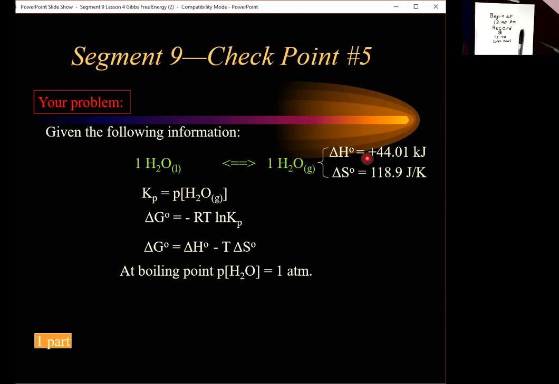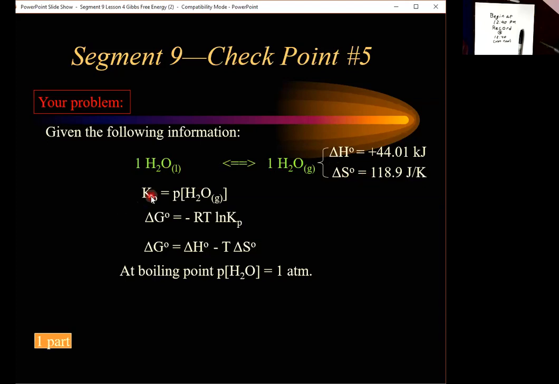Sign ought to be positive. Okay, this is a gas. It has a lot more entropy than liquid water does. Water molecules are much more organized than gaseous molecules are. So the disorder increases. That should be positive, and it is.